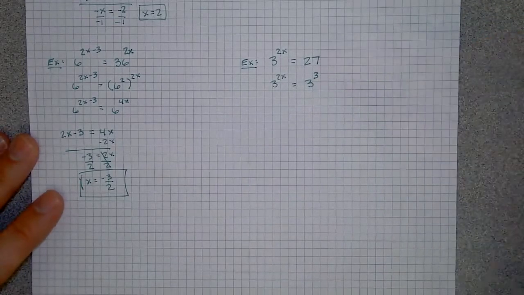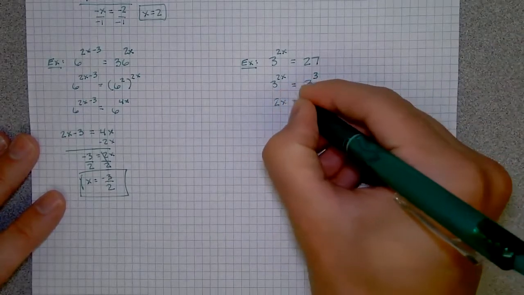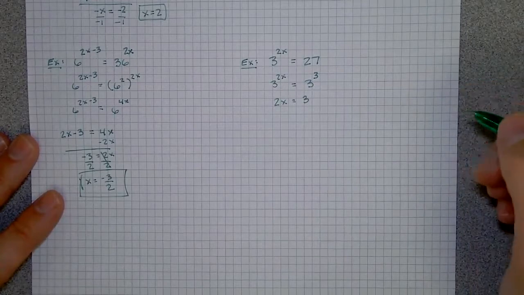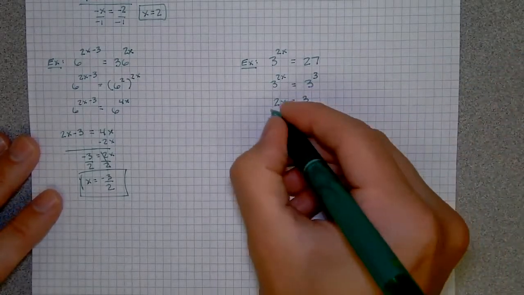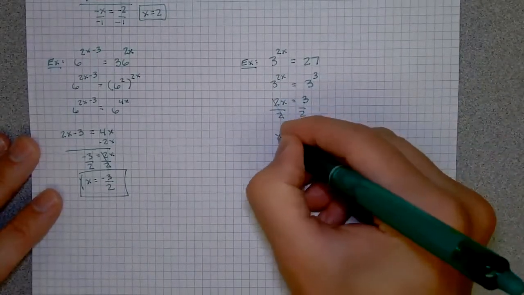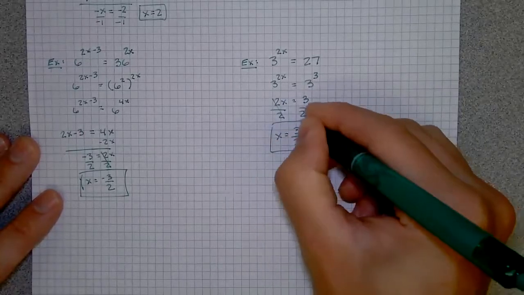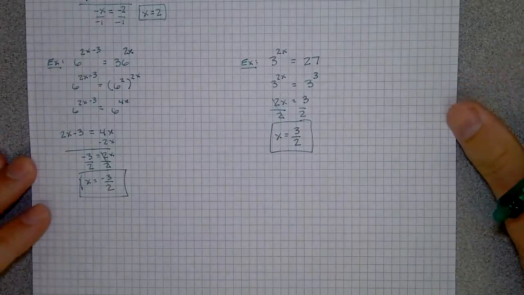So 3 cubed is 27. So now that my bases are the same, you set it up so my exponents equal each other. Divide by 2. x equals 3/2.